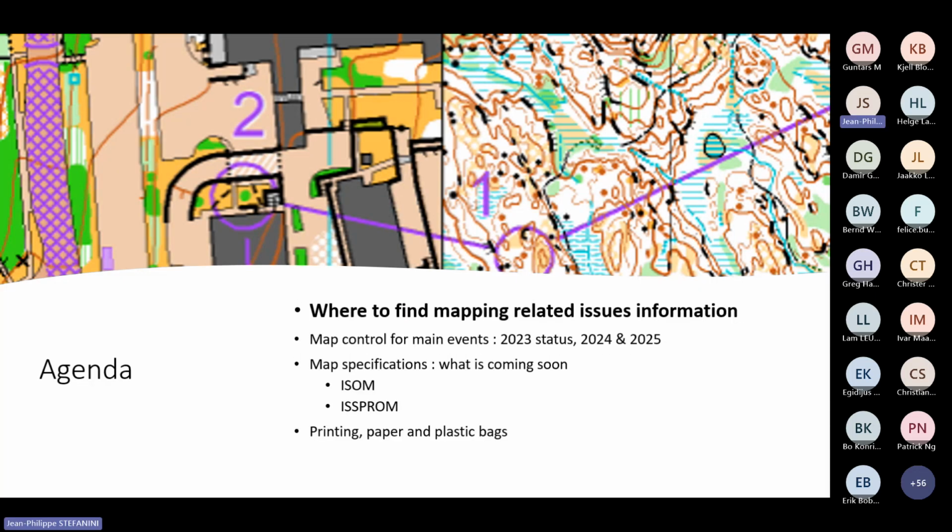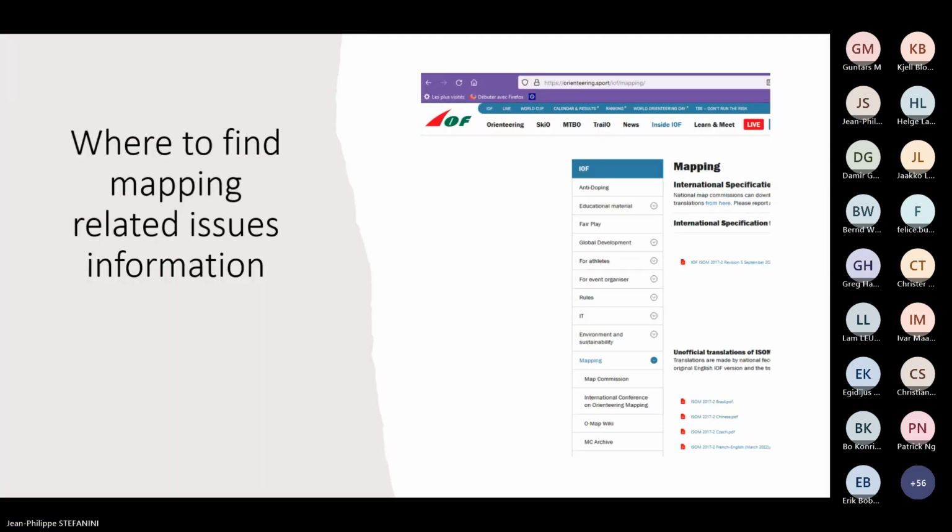So where to find mapping information? As previously told, you have some Map Commission pages within the IOF. If you go to the IOF page, then you have a mapping section.